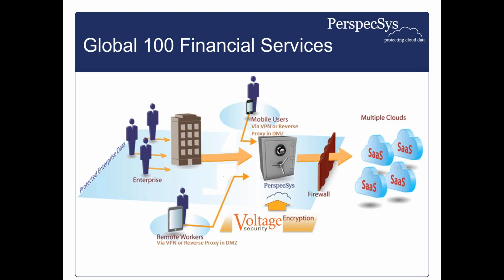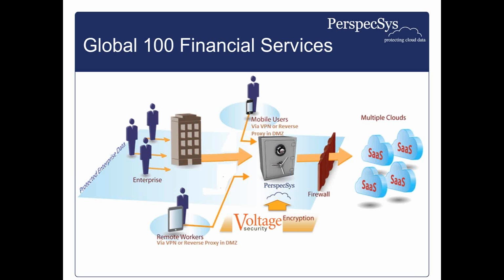So here's one quick diagram to show that whole solution put together. The organization has their enterprise and their remote workers able to connect to multiple cloud applications by way of this transparent cloud data protection gateway. That gateway extends the use of the Voltage cryptographic solution for format-preserving encryption, already being used inside the organization, to this additional field of use.